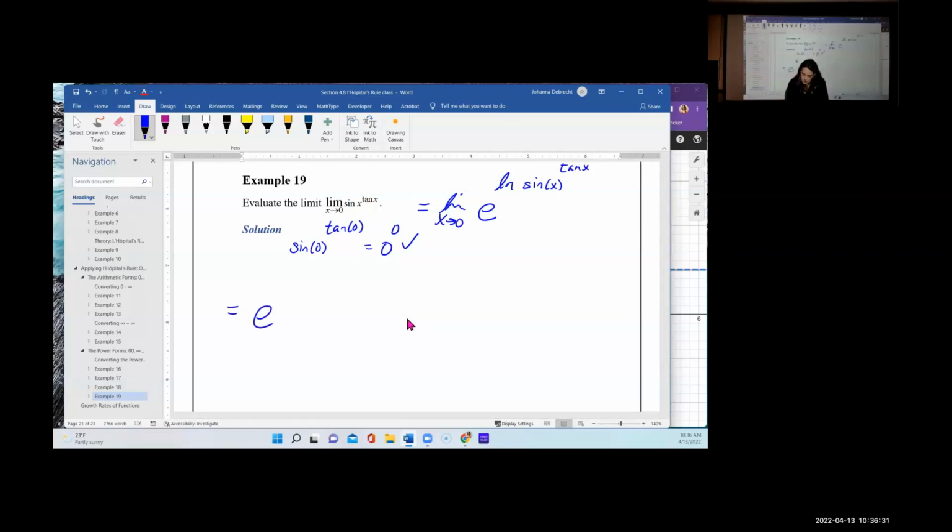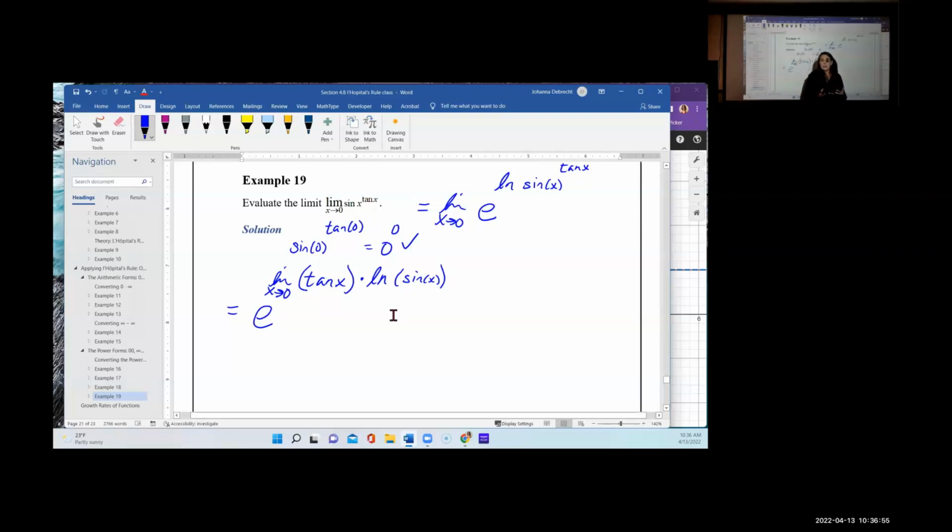So e is still my base. Pull the limit into the power. Pull the power down to the line so you can get your hands on it. I would put tangent of x in parentheses times the natural log of sine of x, which I might put in parentheses too, to emphasize that it's the argument to natural log.